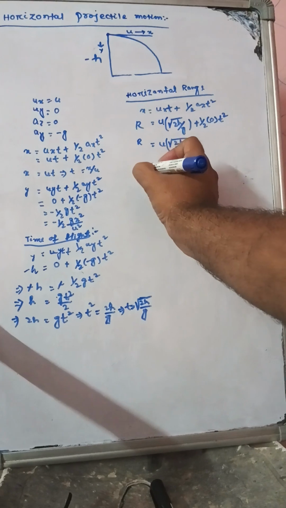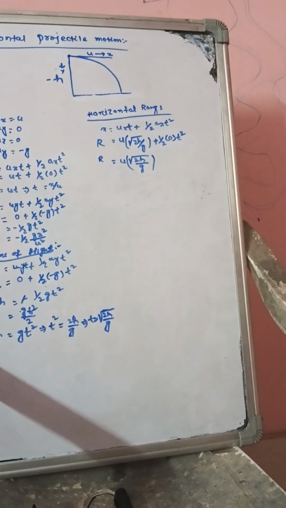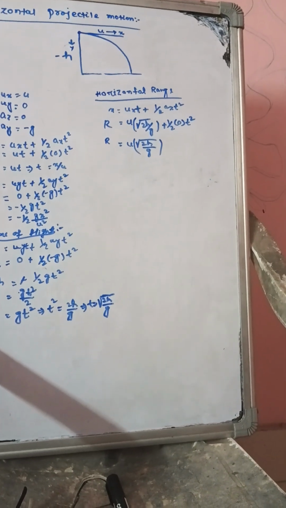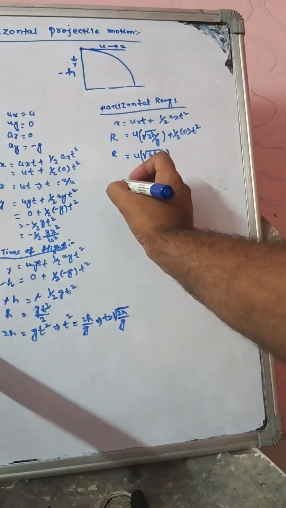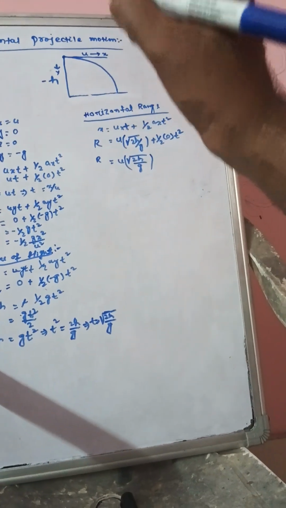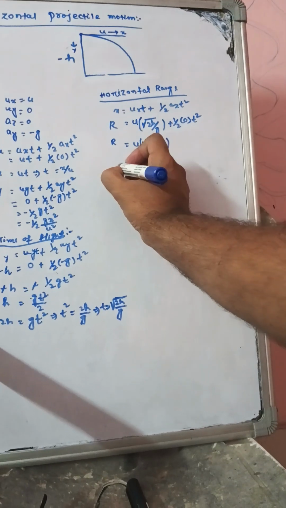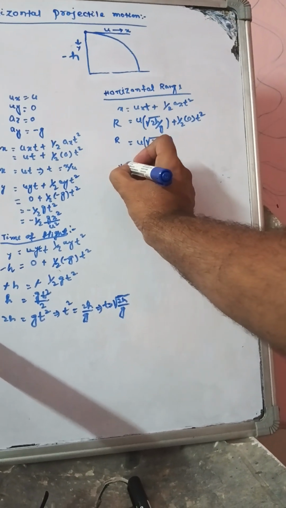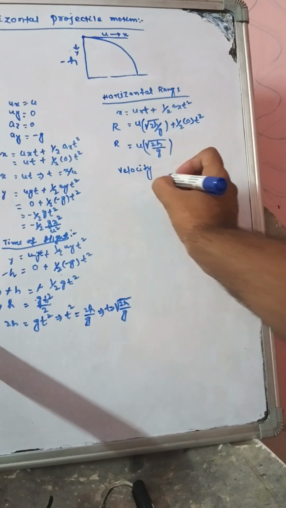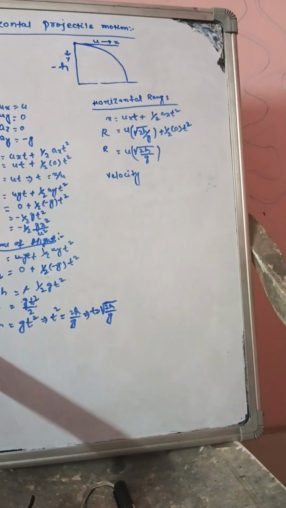Then we find the value of v. It is divided into two components, vx and vy. Velocity at any instant. Prepare it very well, horizontal projectile motion and angular projectile motion.